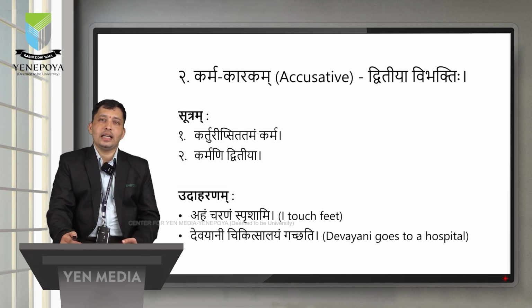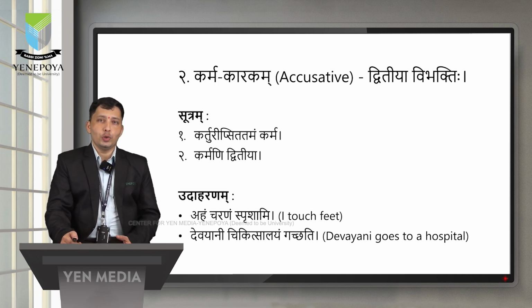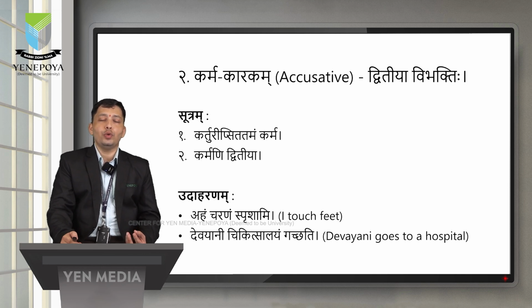The second Karaka is Karma Karaka, and this Karma Karaka is represented through Dvitiya Vibhakti. Here we can see two sutras. One is Karturipsita Tamam Karma and the second one is Karmani Dvitiya. Kartuhu Ipsita Tamam Karma means what the doer of the action wants to fulfill through that action.